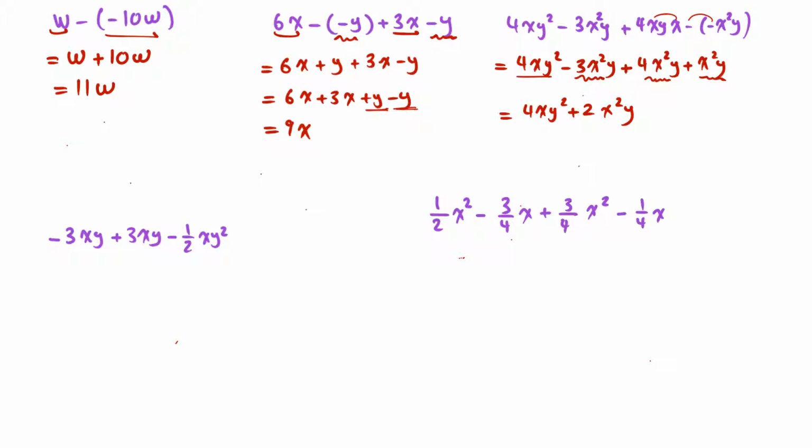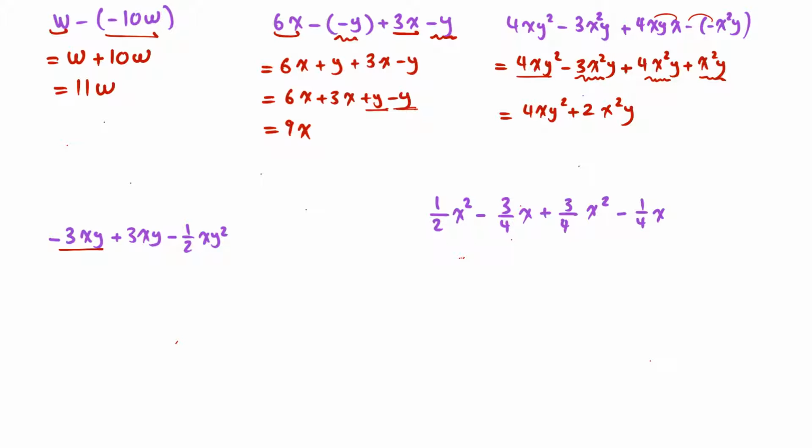This example over here, first I will look to see if I can simplify anything. I cannot simplify this term, nor this term. So next thing I will do is try addition by collecting like terms.